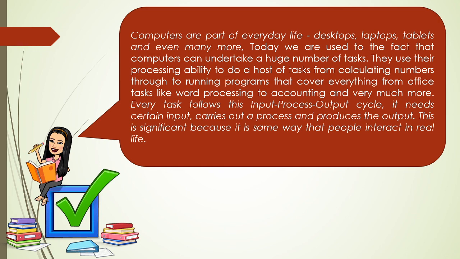Every task follows this input, process, output cycle. It needs certain input, carries out a process, and produces the output or the result. This is significant because it is the same way that people interact in real life.